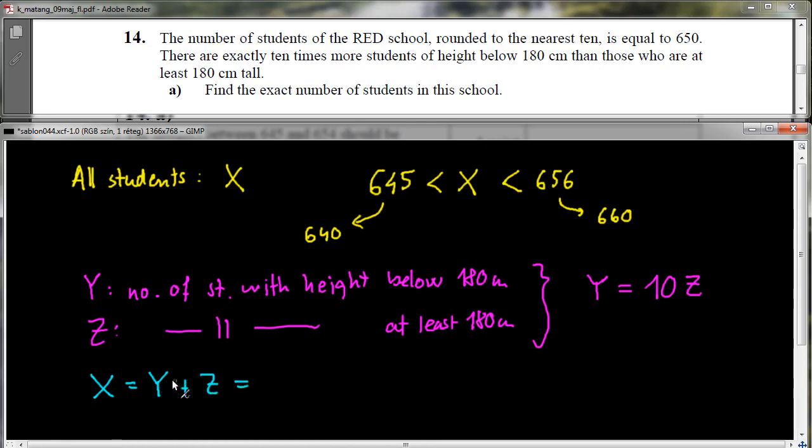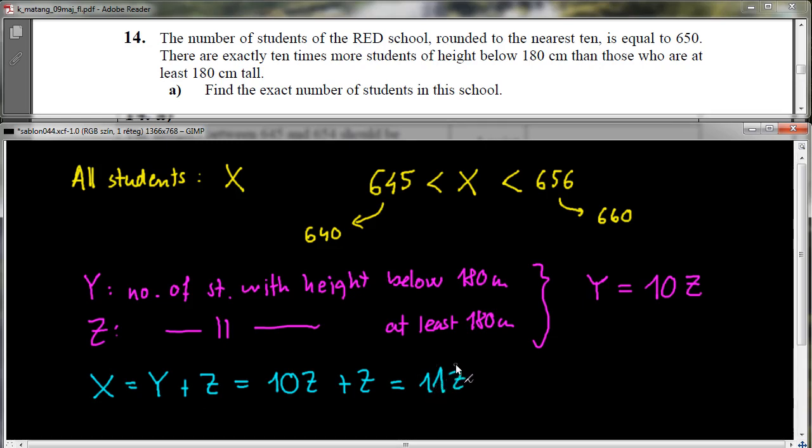Alright, but what do we know about y? y is equal to 10z. So 10z plus z is equal to 11z. So we know that the exact number of students can be divided by 11.